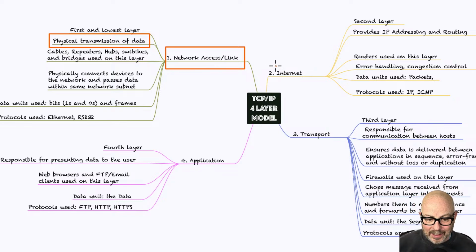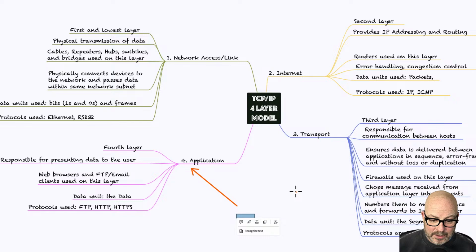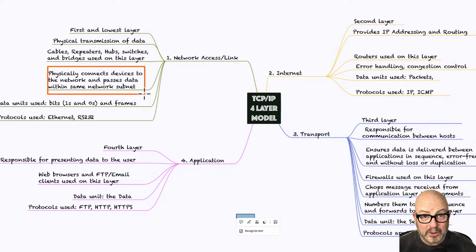The internet layer, which is layer 2, sits on top of it, and as long as what you've done to layer 1 doesn't impact on the internet layer, layers 3 and 4 down here will be absolutely fine, because these two here don't talk to this one, okay? So that's really important. They only communicate with the layer above and below it. So this network layer is about the physical connections between devices, okay?